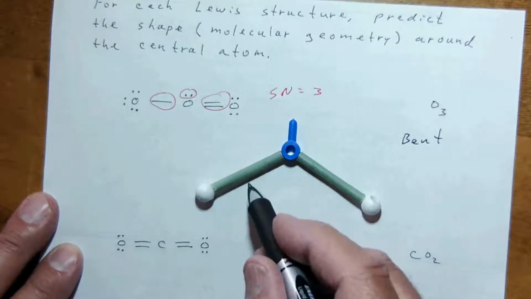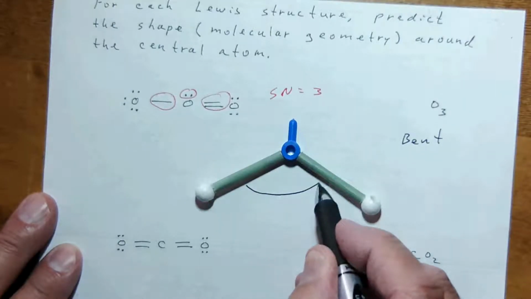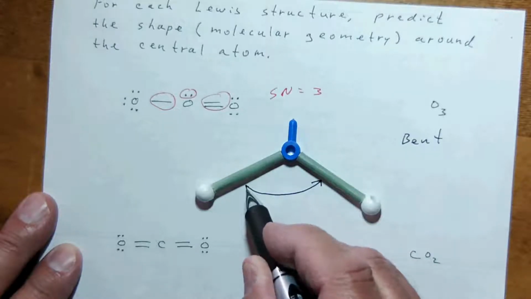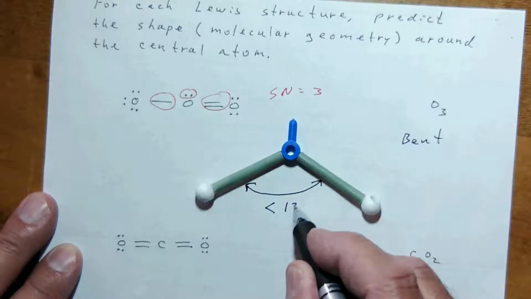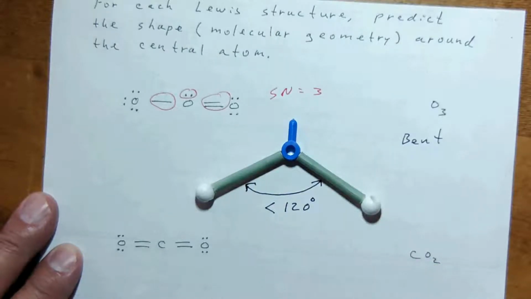And your bond angle here is going to be close to 120 degrees. It's actually going to be a little bit less than 120 degrees. Why is it less than that? Remember the idea here: the electron pairs hate each other. They repel each other.